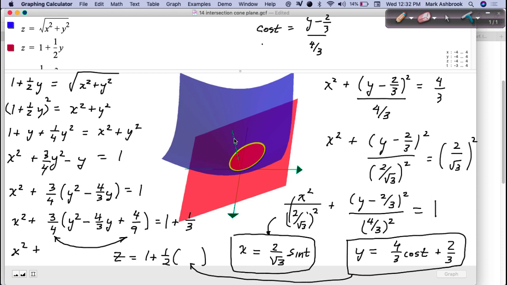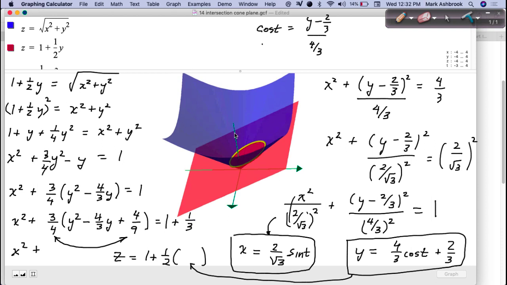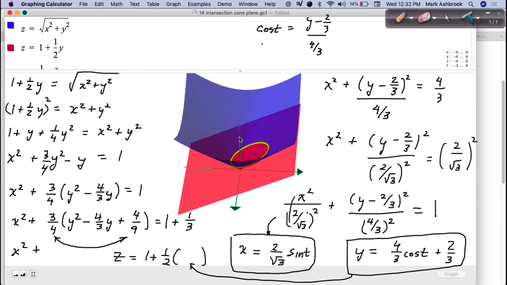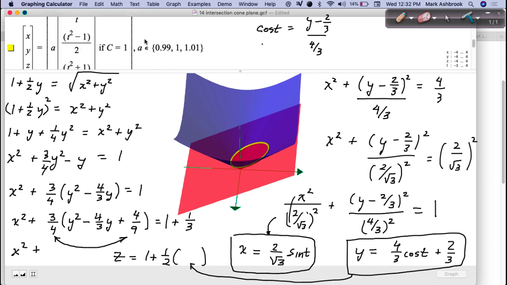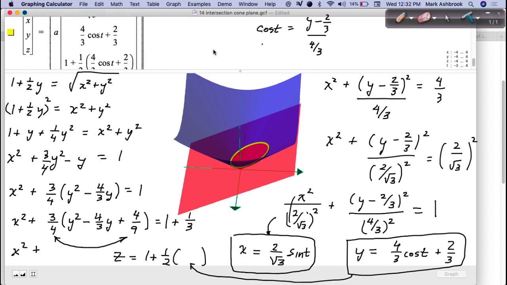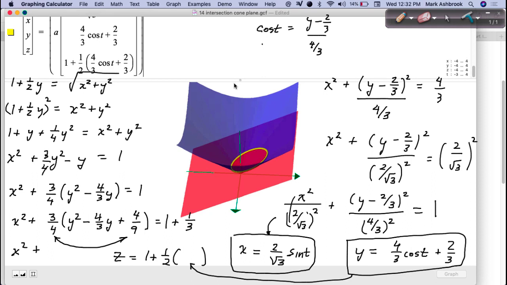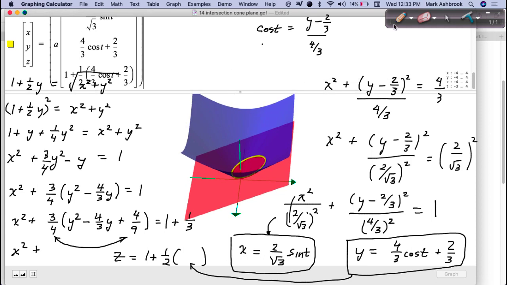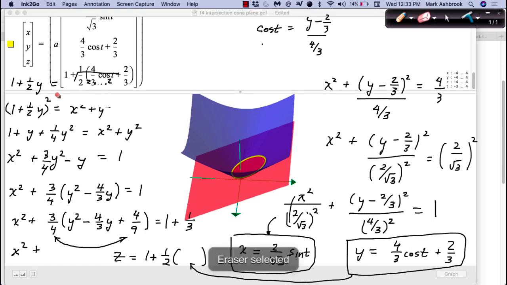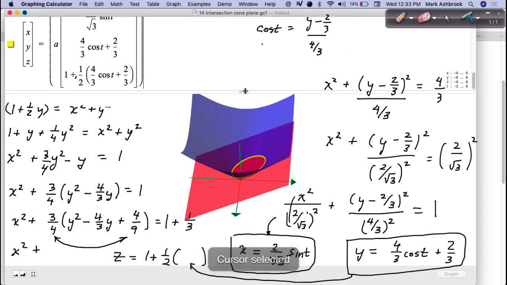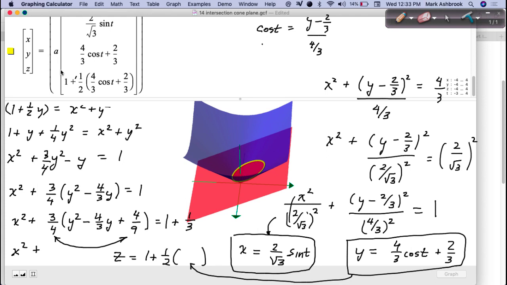And then again, this is going to be the intersection of looking at our vector function, this one. There's 3 cylinders, right?